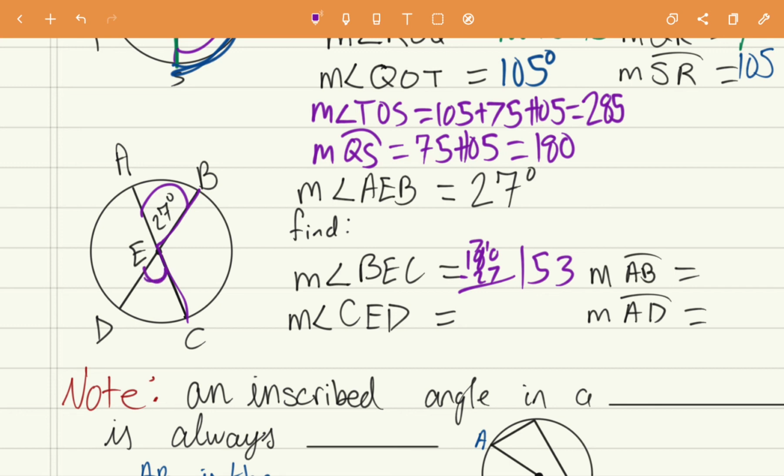CED is a vertical angle, so that is going to be 27. Now we look at the arcs. AB is 27. That's this arc right here. And then AD, this one right here, is going to be 153.